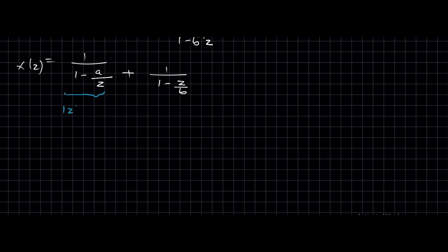Mod of z should be greater than mod of a, and in this case mod of z should be less than the magnitude of b. This will give us the finite values of x of z. So this is the region of convergence. This is the region of convergence for both summations. We'll locate the region of convergence.